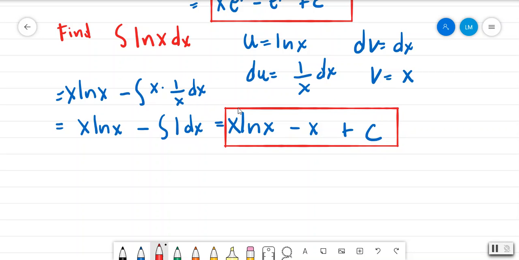Now, I do have another way to apply integration by parts, and that's given by the tabular method.